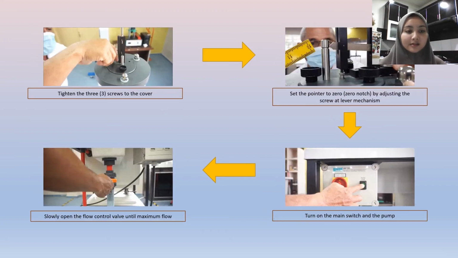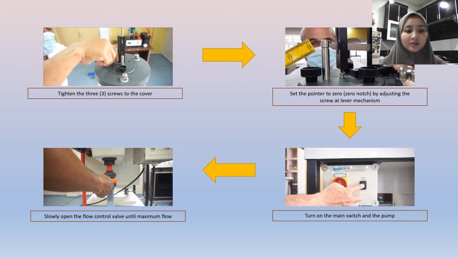Next, tighten the 3 screws to the cover, which is this screw, the black one. Set the pointer to 0 by adjusting the screw at the lever mechanism. Turn on the main switch.